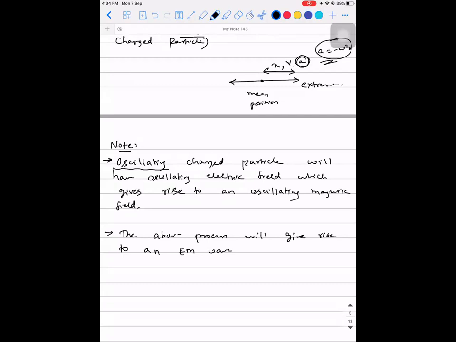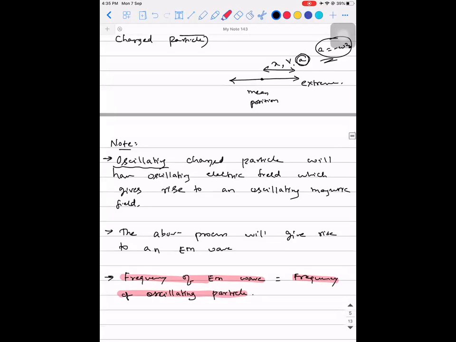The next one is frequency of EM wave is equal to the frequency of oscillating particle. Okay, so have this point in your mind. Frequency of an electromagnetic wave is equal to frequency of oscillating particle.